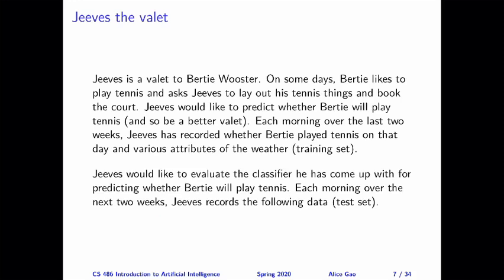After coming up with this decision tree, Jeeves would like to evaluate how good it is. So for the next 2 weeks, he again records the weather condition and Bertie's decision and uses that as a test set to evaluate his classifier.